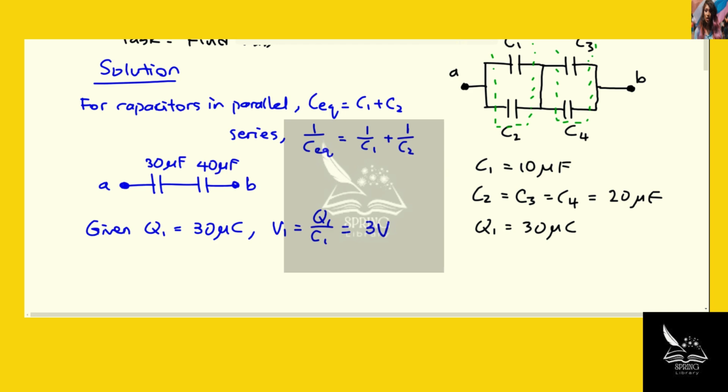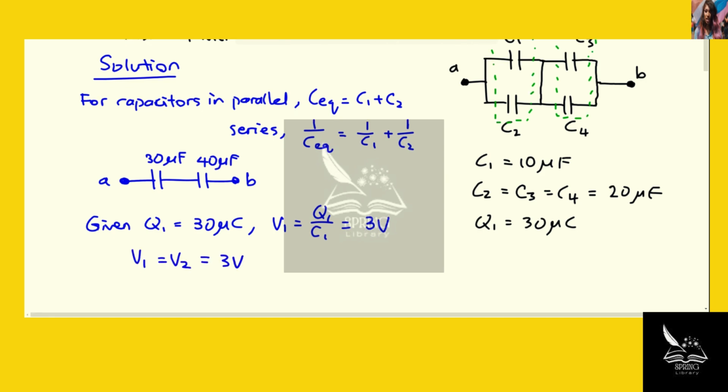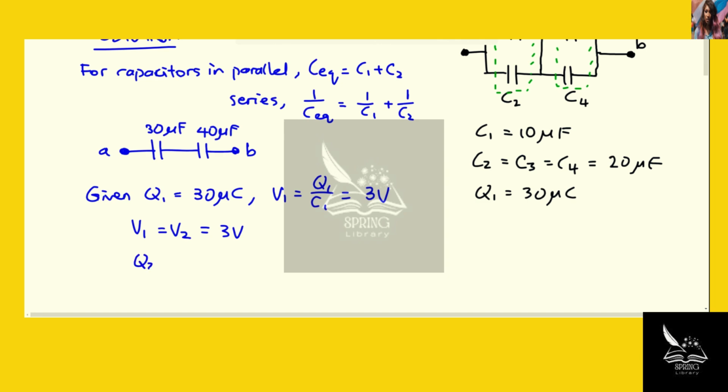C1 and C2 are in parallel, so V1 and V2 are the same: V1 equals V2 equals 3 volts. So we can find Q2 as C2 times V2, which is 20 microfarad times 3 volts, giving 60 microcoulomb.